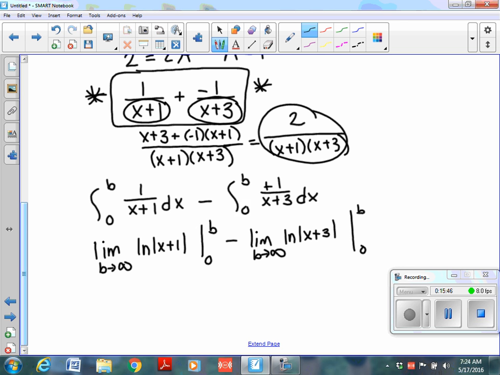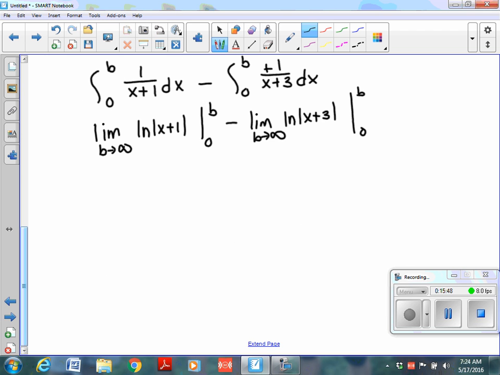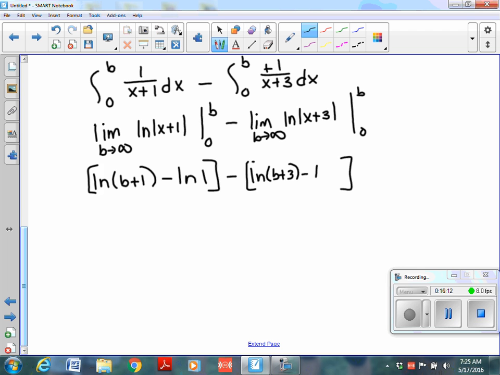Okay, so now it's starting to become harder. I'm going to put in the b, so I'm going to have the natural log of b plus 1 minus the natural log of 0 plus 1, which is 1. Okay, so I'm done with that one. Minus the natural log of b plus 3 minus the natural log of 3.